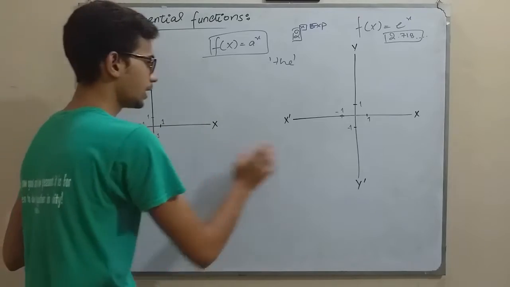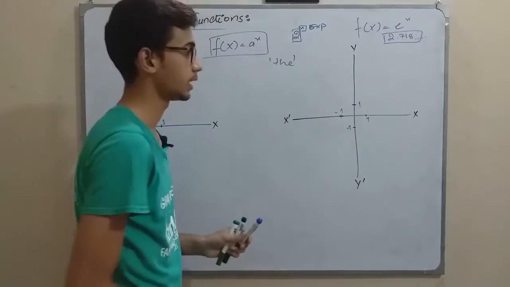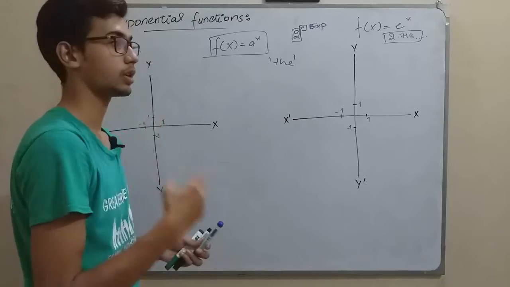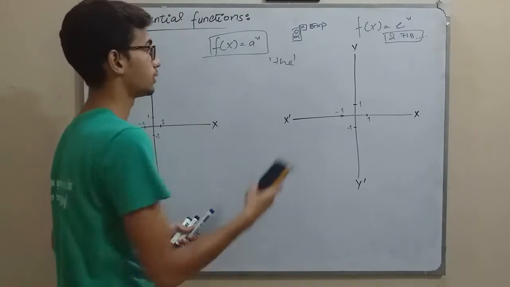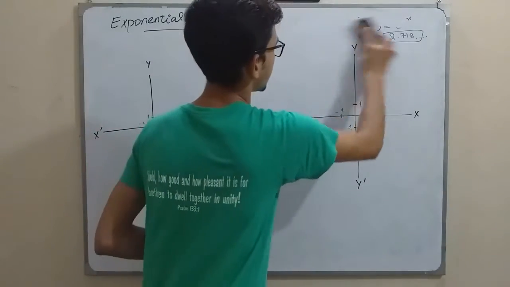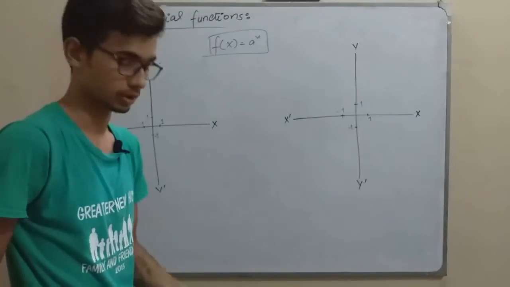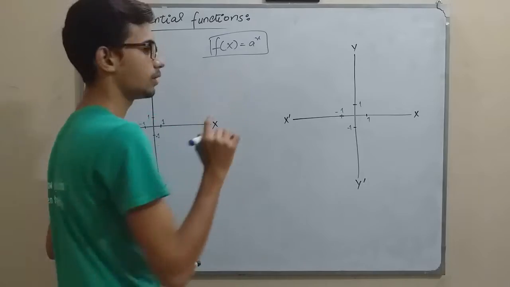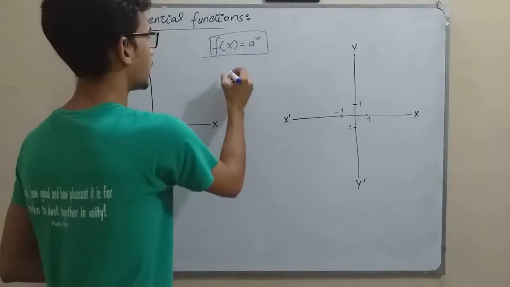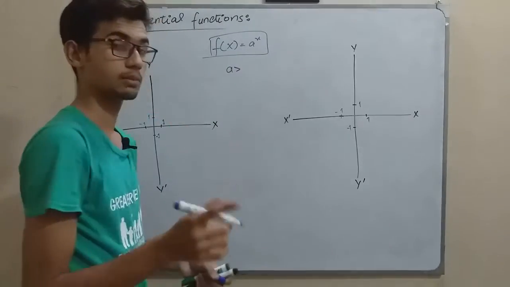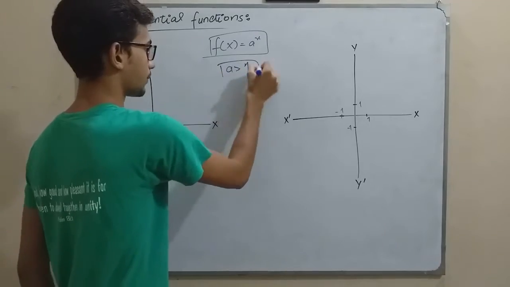Alright, then I plotted 2 graphs here. If I want to plot a graph of any exponential function, it actually follows different rules. Now let me tell you the very first thing. The value of the base, it means a, should be greater than 1.